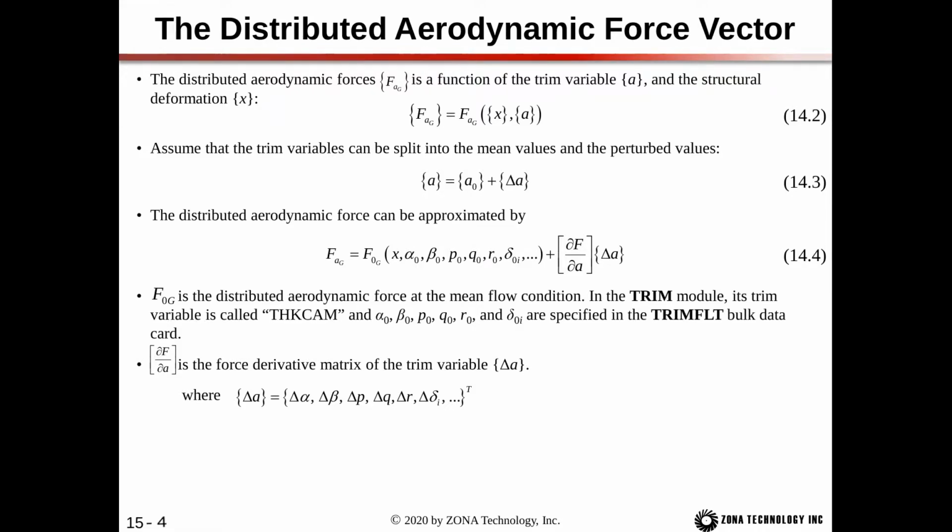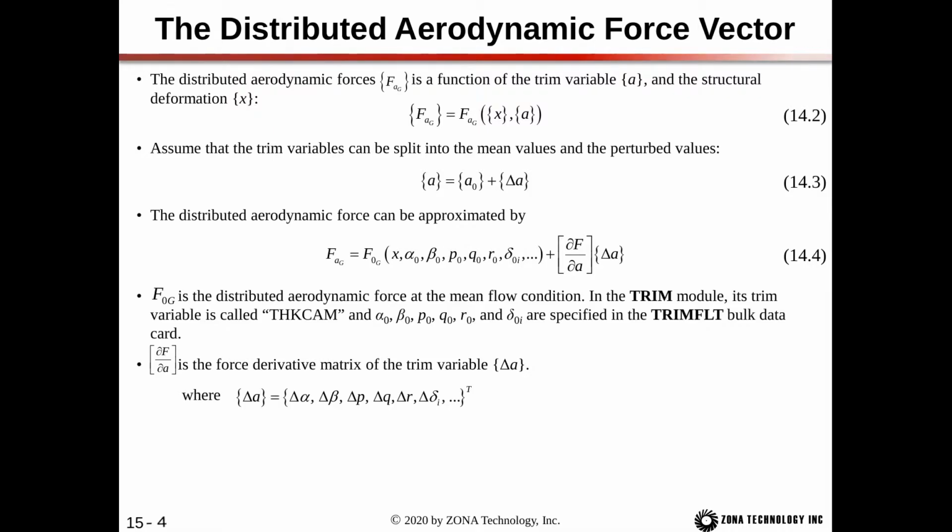So the distributed aerodynamic force can now be approximated by F naught g, which is a function of x, alpha naught, beta naught, p naught, q naught, r naught, and delta naught, plus the partial derivative of F with respect to a, times delta A. So F naught g is the distributed aerodynamic force at the mean flow condition.